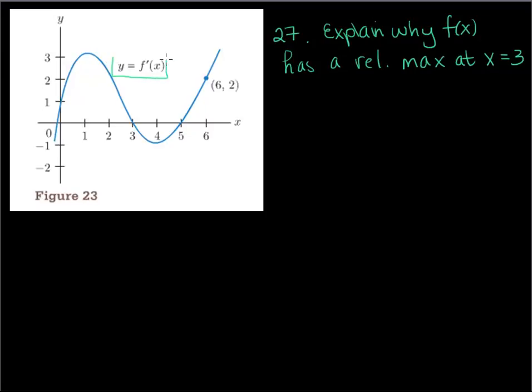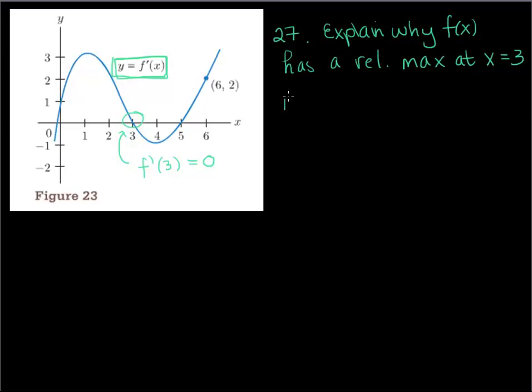Notice this is the graph of the derivative of f of x, okay? So look at what's at 3. What is this telling us? If you look at 3 here, what is f prime of 3? This tells us that f prime of 3 is 0.